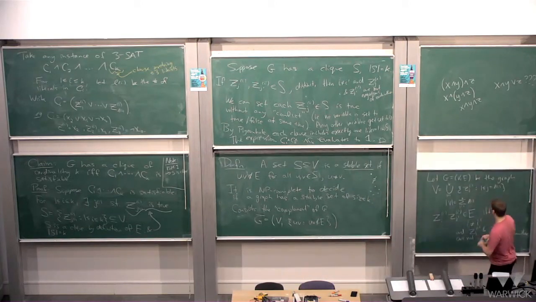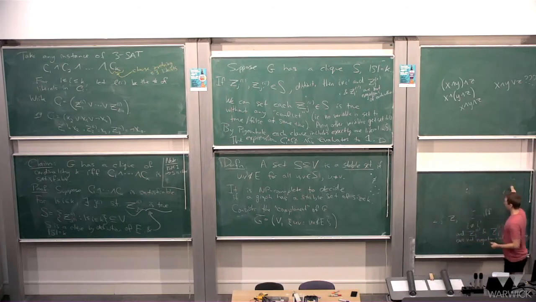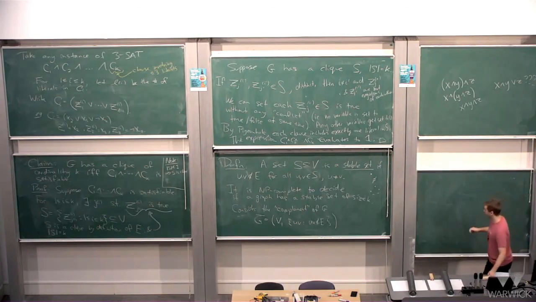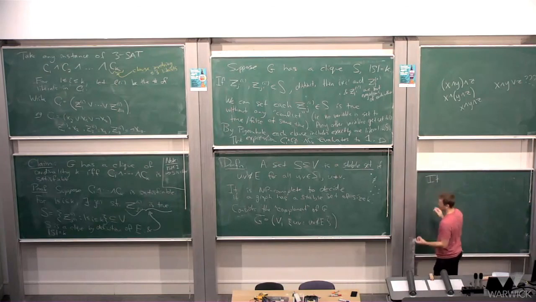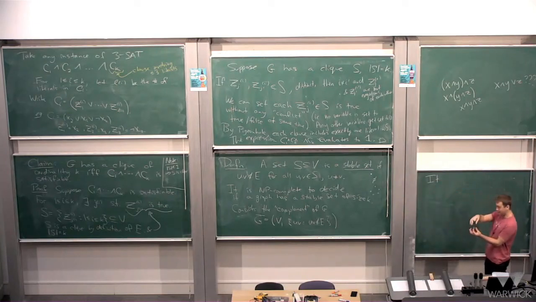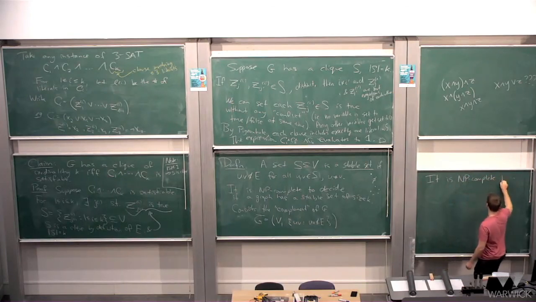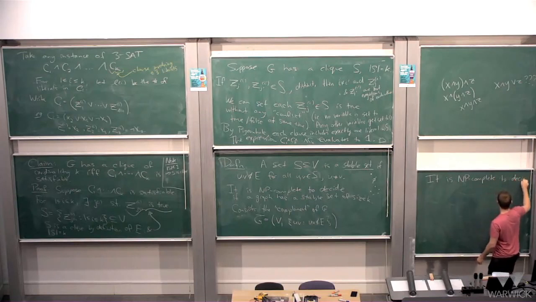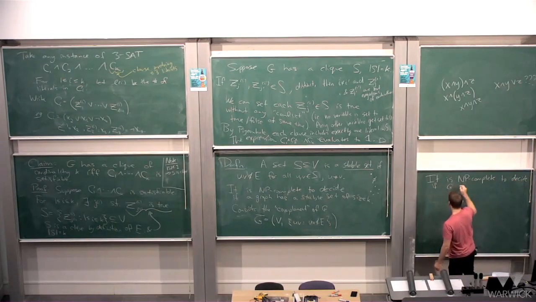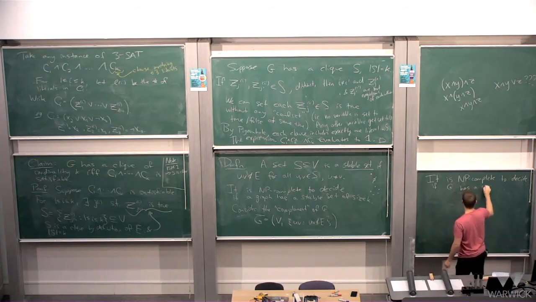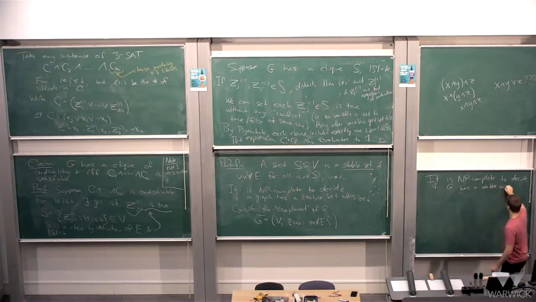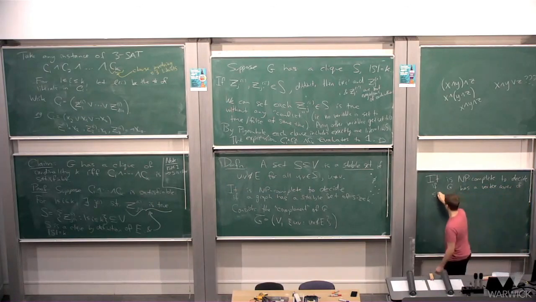And one more problem, which connects back to what we were talking about in week 3, is the vertex cover problem. So remember, a vertex cover is a set of vertices that hits all the edges, and it's also NP-complete to decide if, let's say, G has a vertex cover of size at most k.